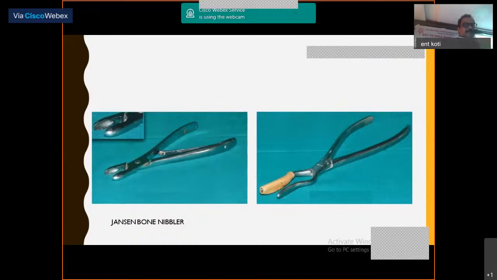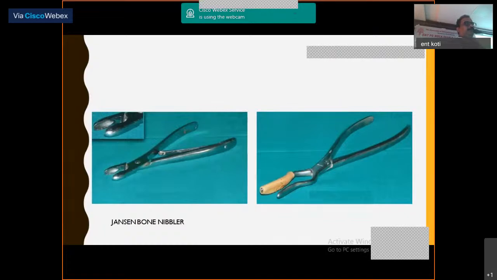Okay. So when we started doing mastoidectomy, initially we used to do the mallet and gouge. To remove the bony ridge, we used this bone nibbler. Later came the drills, micromotors, and other things. I still remember, we used to do mallet and gouge. But this tool is useful for removing the bone when we are doing a lateral approach.